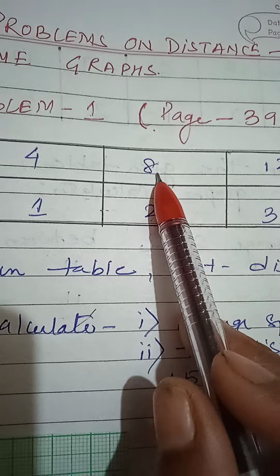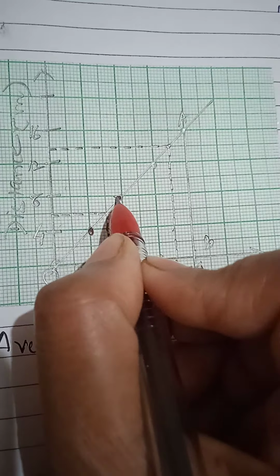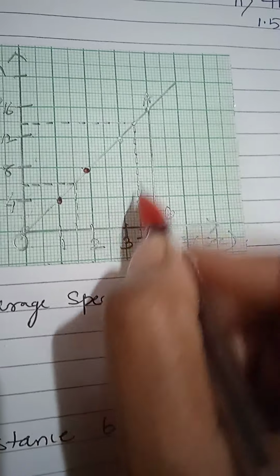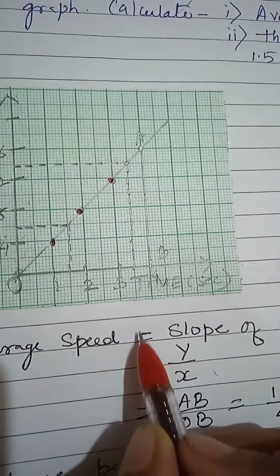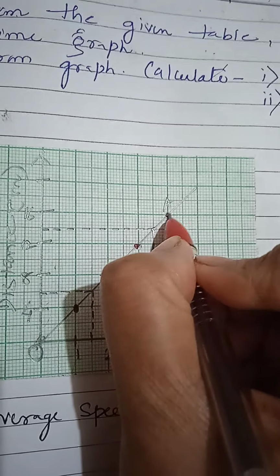When the time is 2, distance is 8. Then time is 3, distance is 12. Very easy to plot. Then when the time is 4, distance is 16.